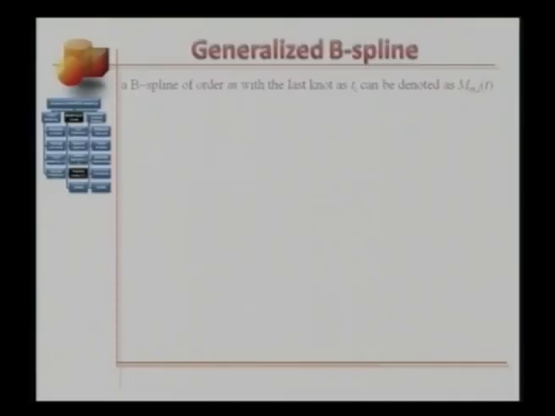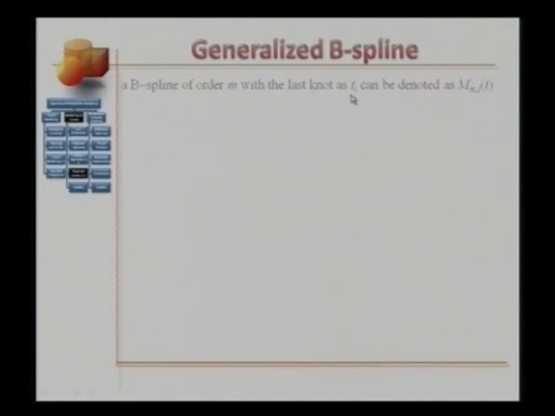Let's look at a generalized B-spline or a basis spline. So far, we were able to construct a B-spline function of order 4, that is, of degree 3. It is possible for us to construct in a very similar manner a B-spline function of order m with the last knot as ti.